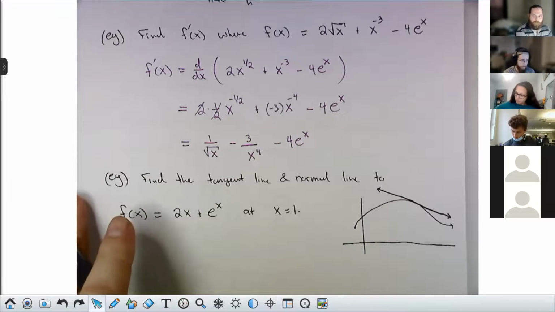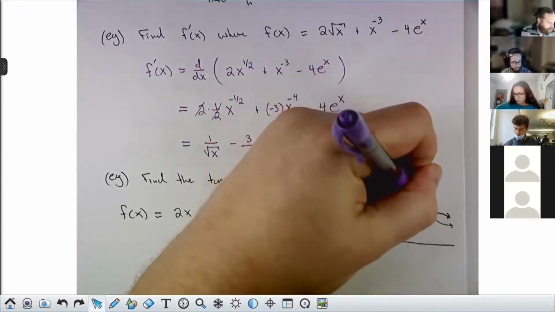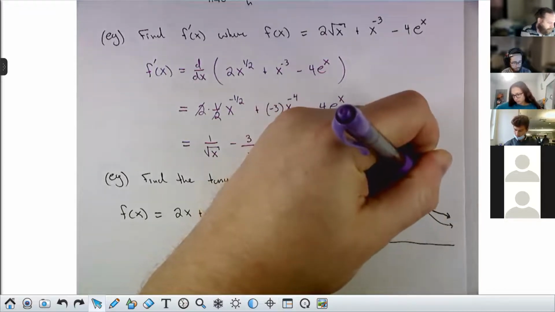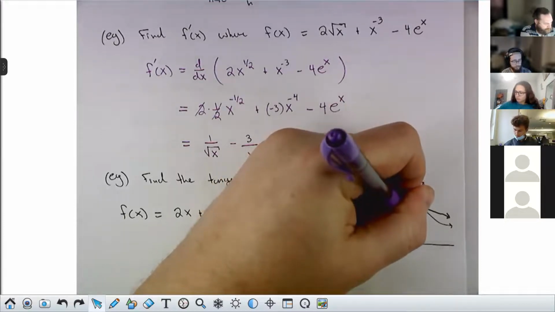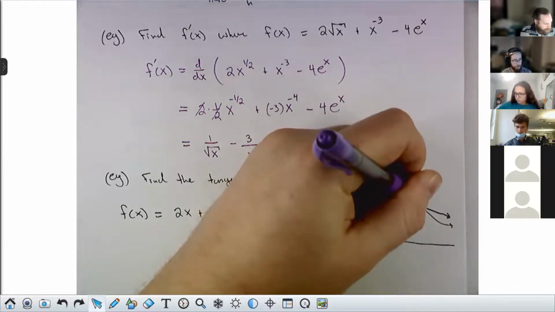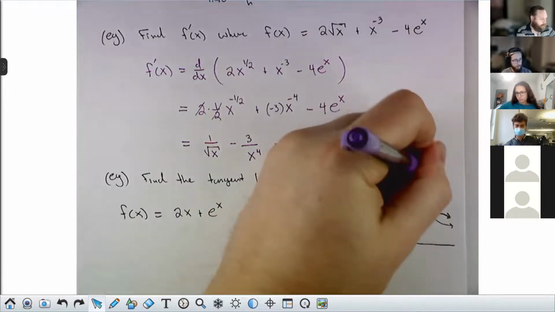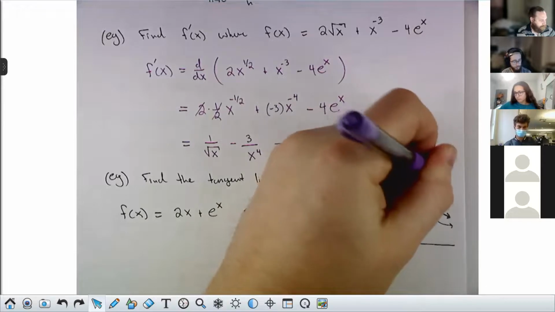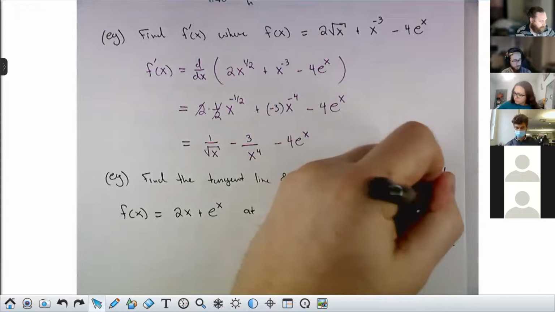So here's the tangent. The normal line is the line that passes through that same point, but is perpendicular to the tangent line. So the purple here is the normal line, and the black straight line here is the tangent line.